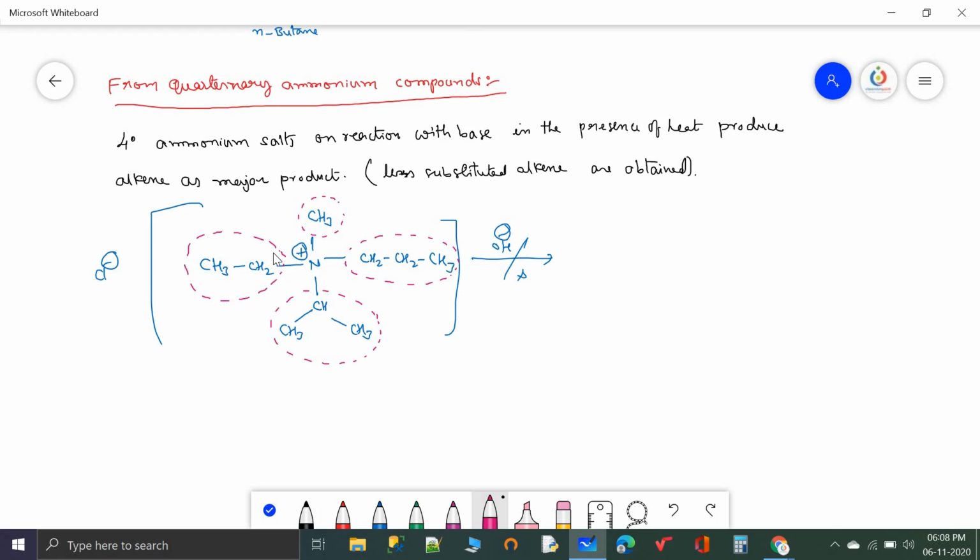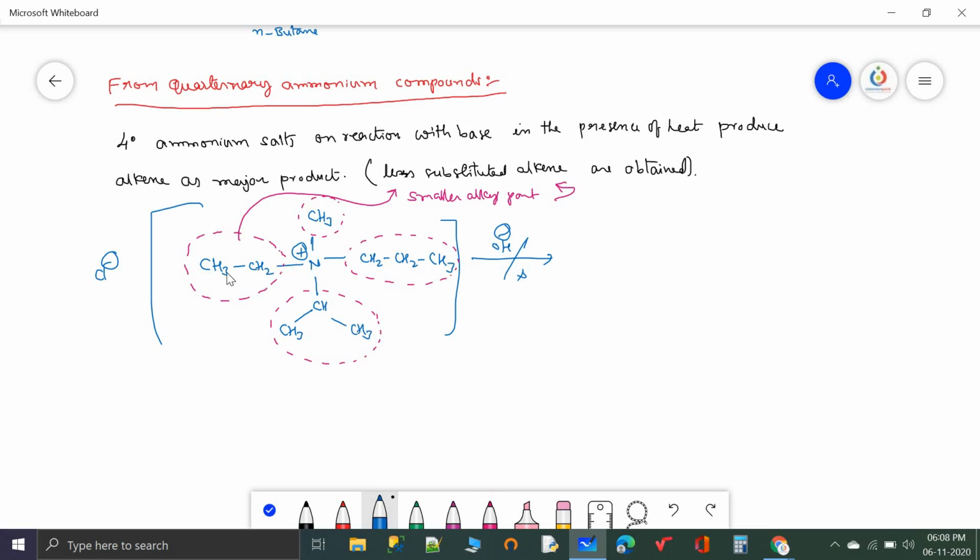To develop a double bond, at least we need 2 carbon atoms. So among all these, the less substituted alkyl part is this one, the smaller alkyl part. So here we have to write down smaller alkyl part. Smaller alkyl part will be converted to the alkene. So this part will be converted to the alkene and the rest are unaffected completely.